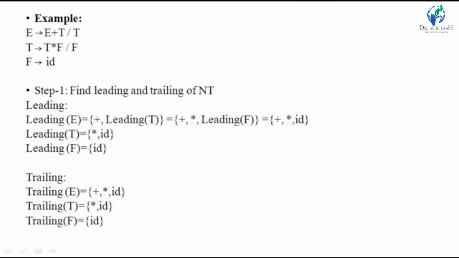Sometimes you are asked to parse an input string using operator precedence grammar. Then first you have to draw the operator precedence relationship table. Then after you have to write down your input string.